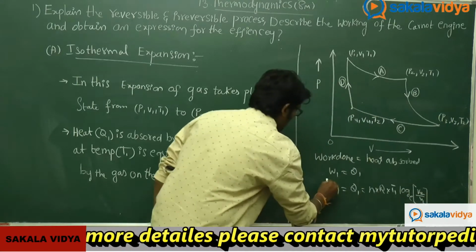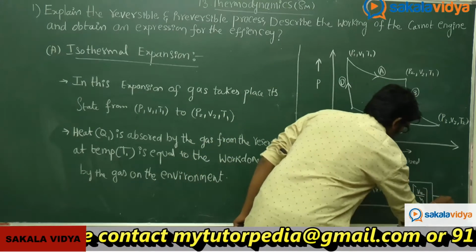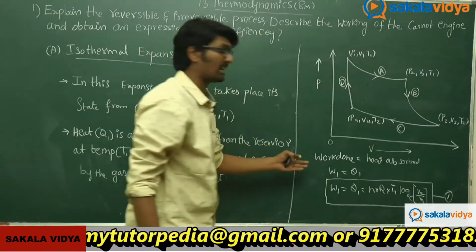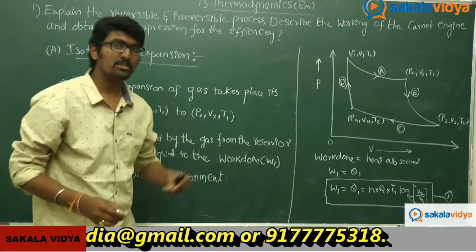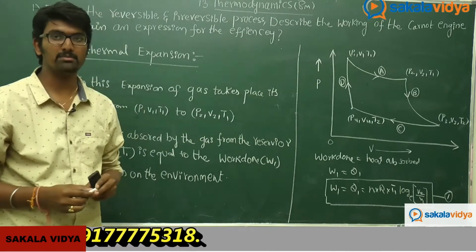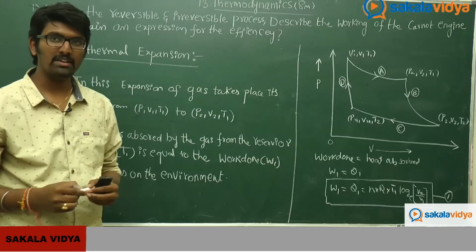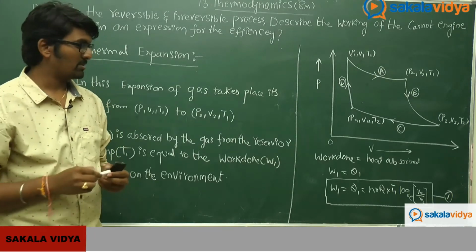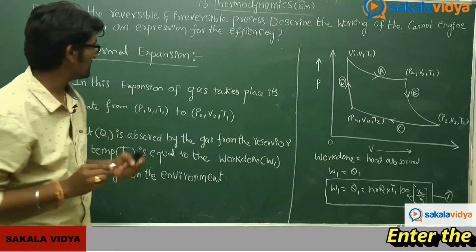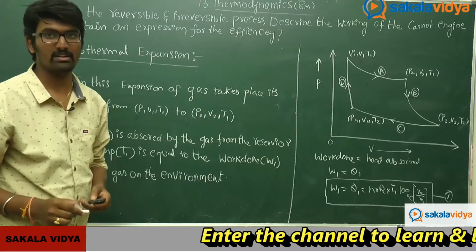Let us call this equation 1. So by using the condition work done is equal to heat absorbed, that is W1 equals Q1, where Q1 is the heat absorbed and W1 is the work done, we get nRT1 log e of V2 by V1.